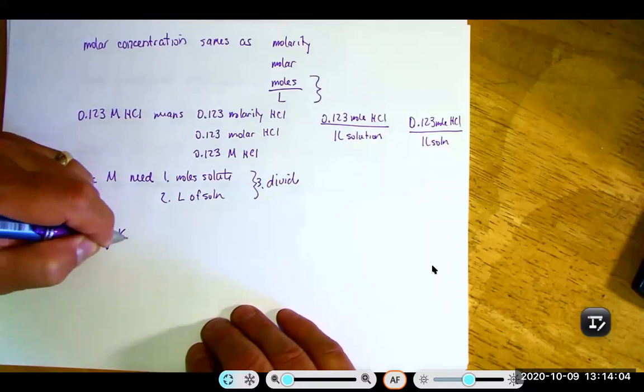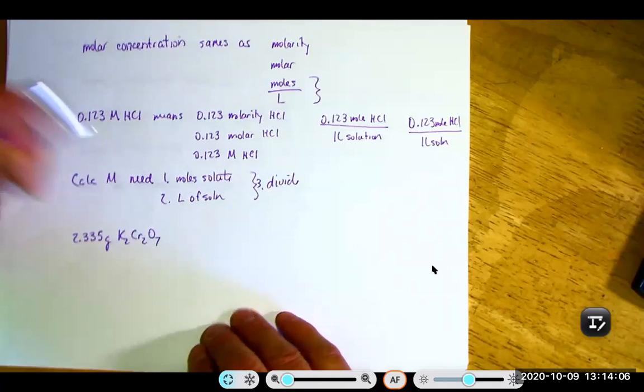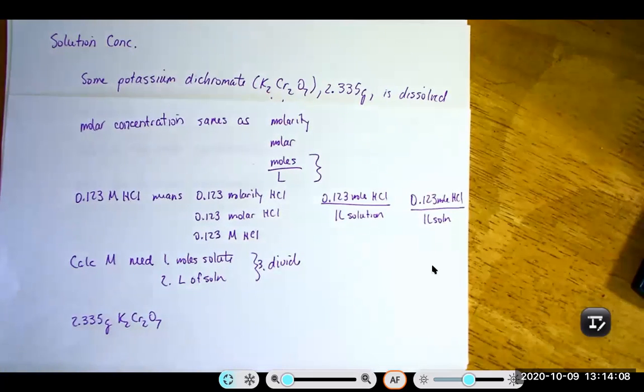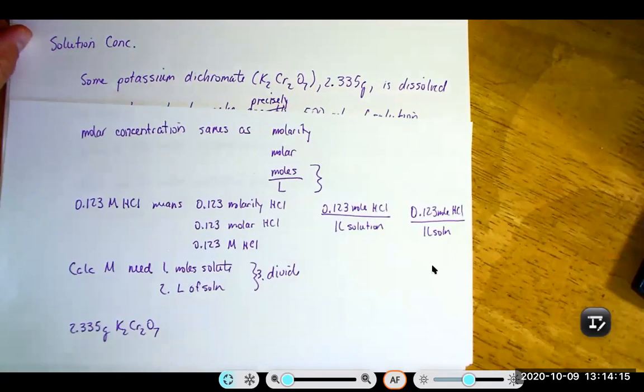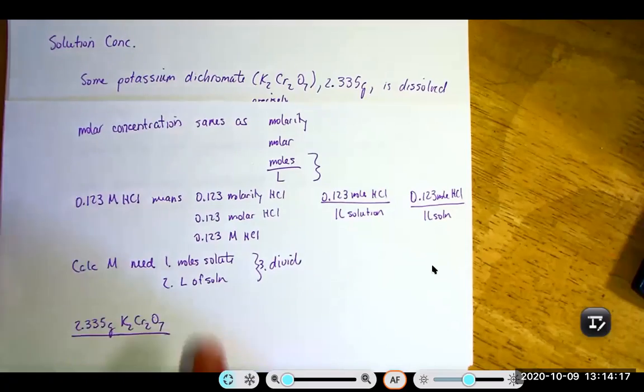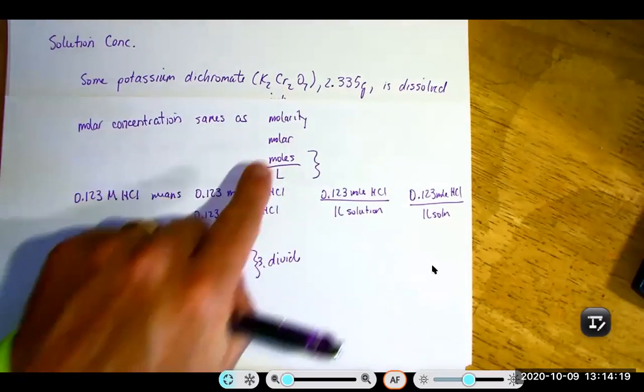of K2Cr2O7. That's the molecule in question. It's not a molecule, it's actually an ionic compound. And then what's going to help me get the liters of solution? And I would argue it's this number here.